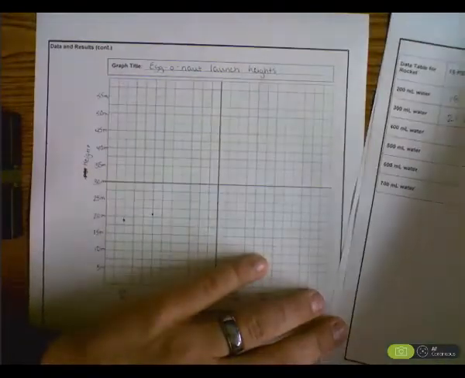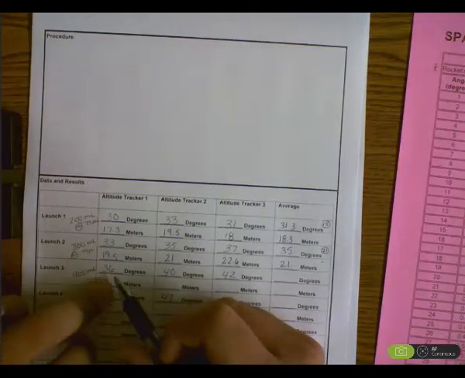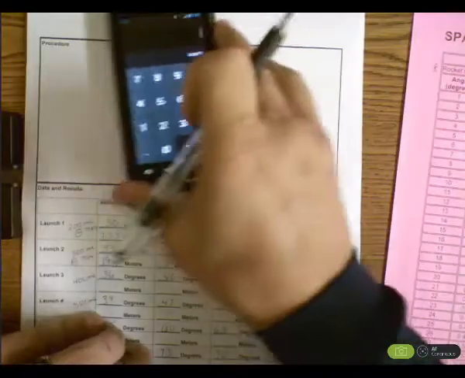Let's do one more so that we can see what's happening with my line graph here. So at 400 milliliters, I've got 36. I want to find out the number of meters that my rocket went up into the air.